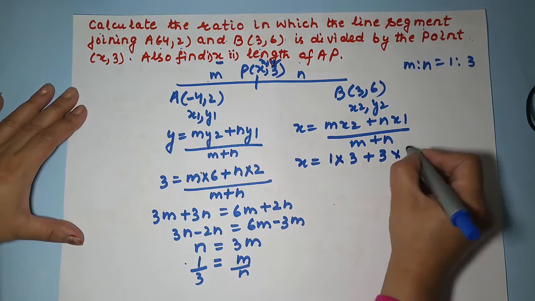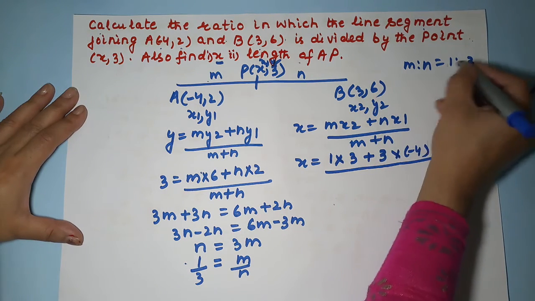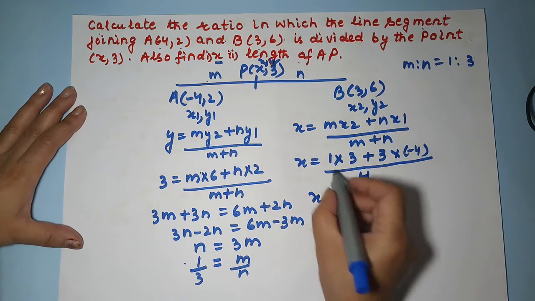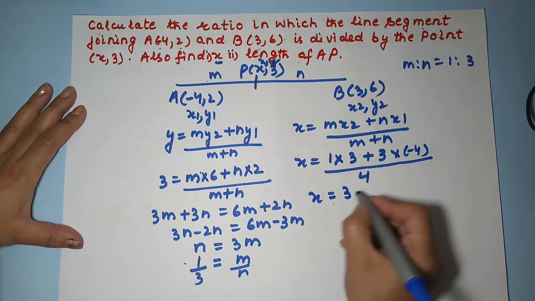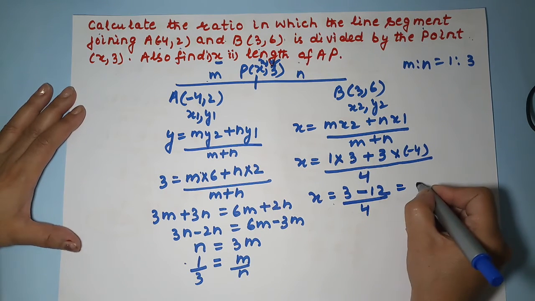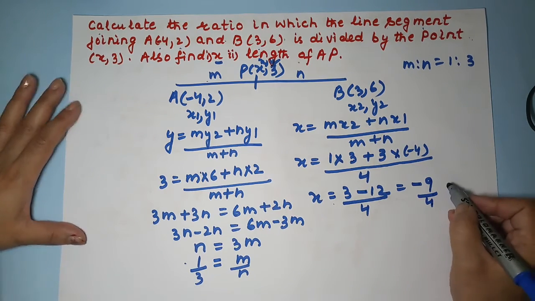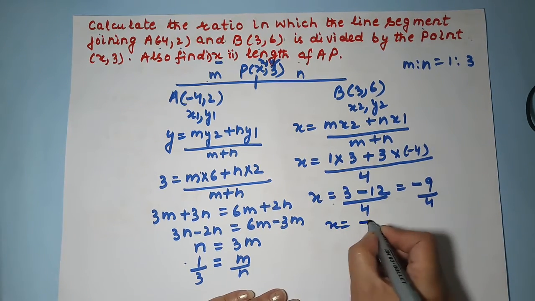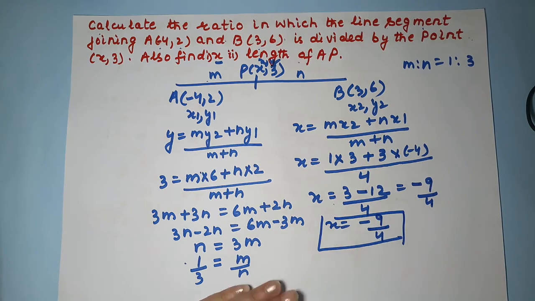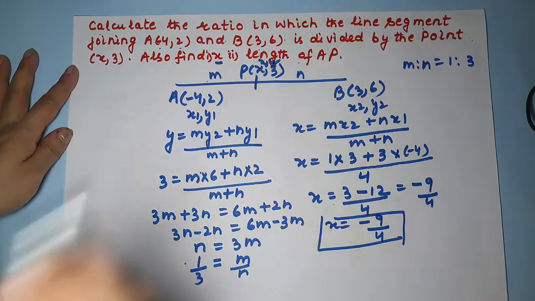What is my x1? It is -4, divided by m plus n. 3 plus 1 is 4. So what is my x coordinate now? 3 into 1 is 3 minus 12 upon 4. So is that equal to -9 by 4? I got the value of x as -9 by 4.